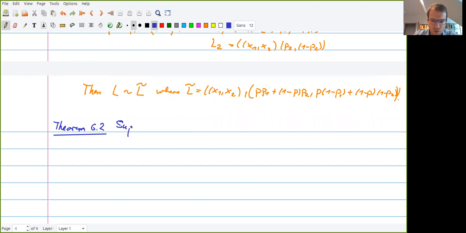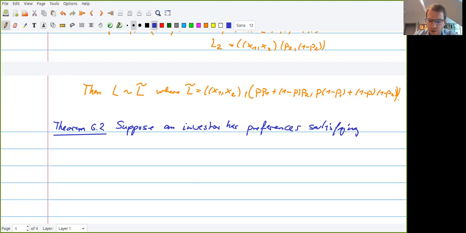Suppose we have an investor, and the investor has preferences. This is the whole point: we want to assume that this investor's preferences fulfill our axioms 1 to 6.